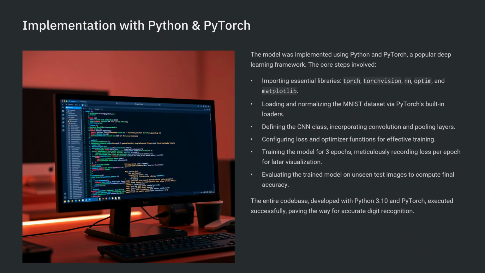We set up the loss function, cross entropy loss, which is perfect for classification. And we chose the Adam optimizer to update the model's weights. The model was trained for 3 epochs, and during training we collected loss and accuracy to visualize the performance later. Finally, we evaluated the model on the test set to check how well it performs on unseen data.